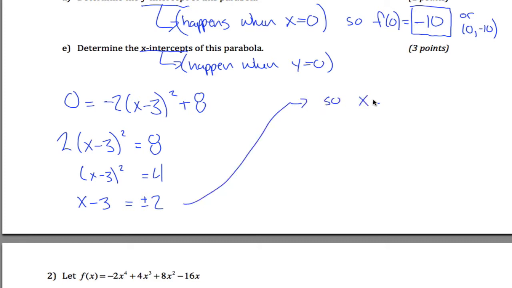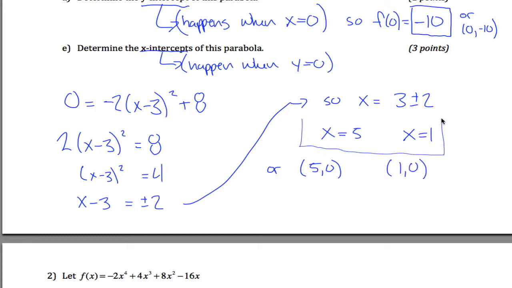So x is equal to 3 plus or minus 2. In other words, x equals 5 and x equals 1. If you want, you could express that as 5, 0, and 1, 0. I don't care which way you write it. Either way, totally fine. Those are our two x-intercepts.